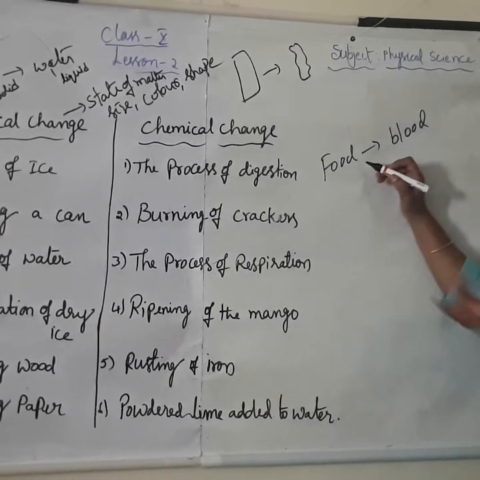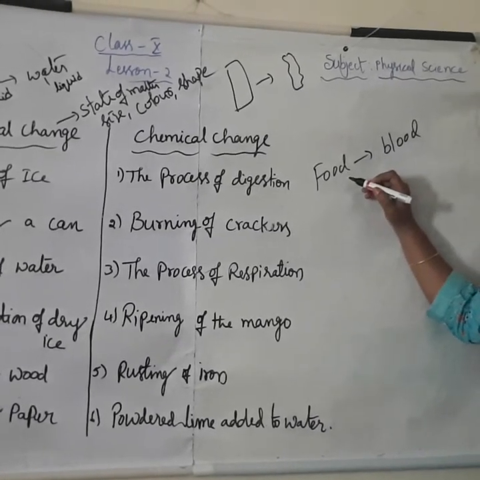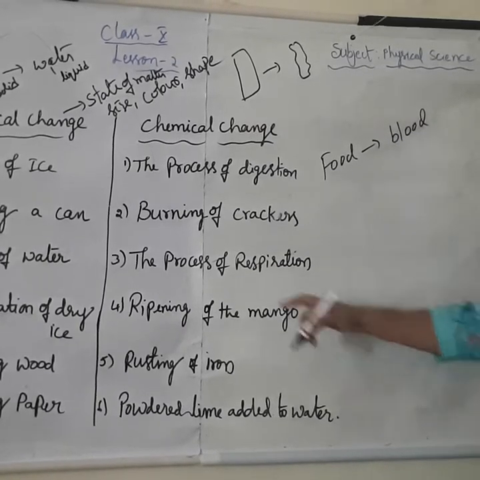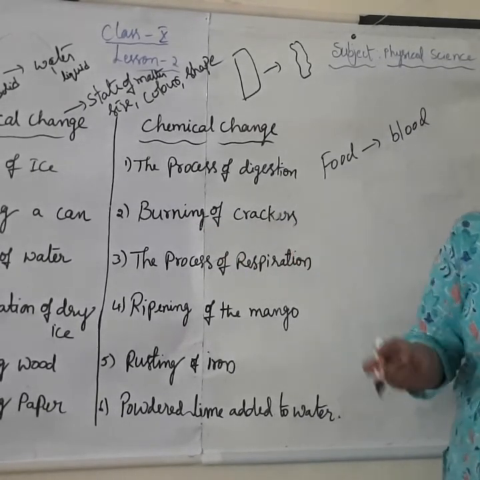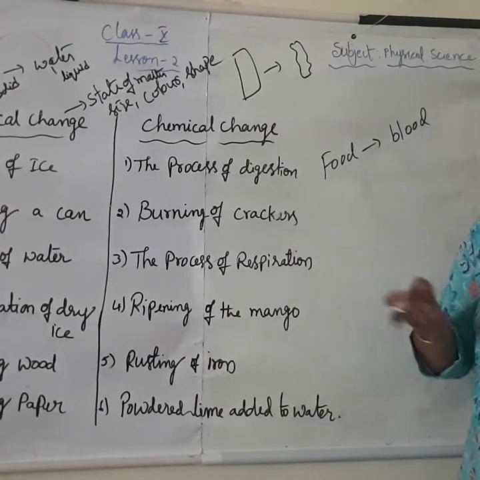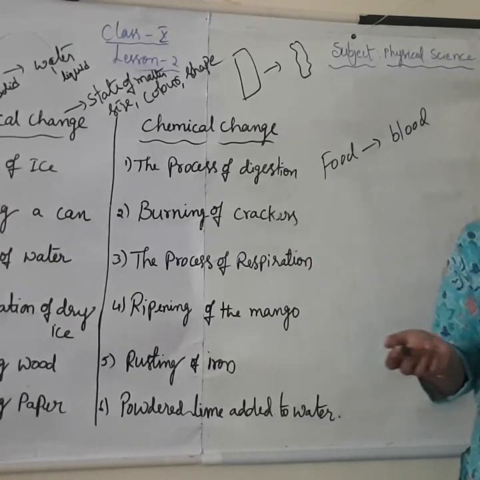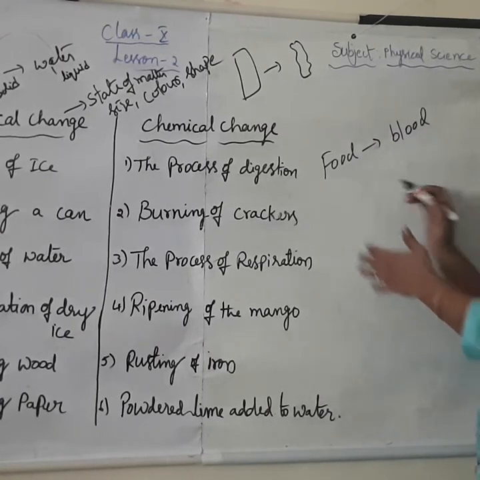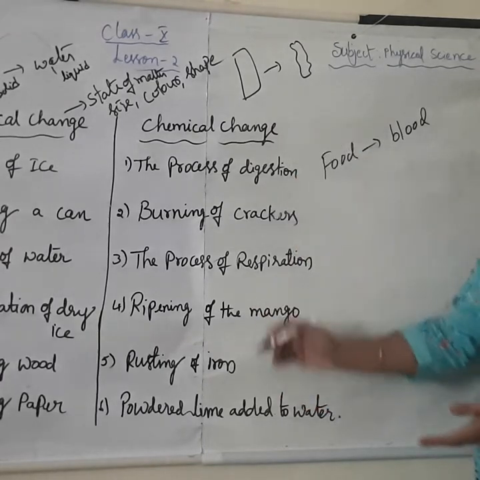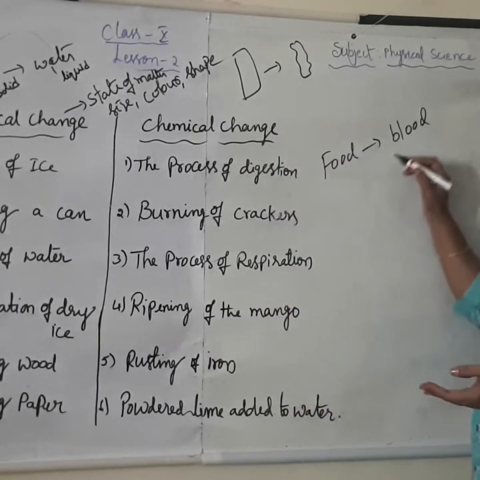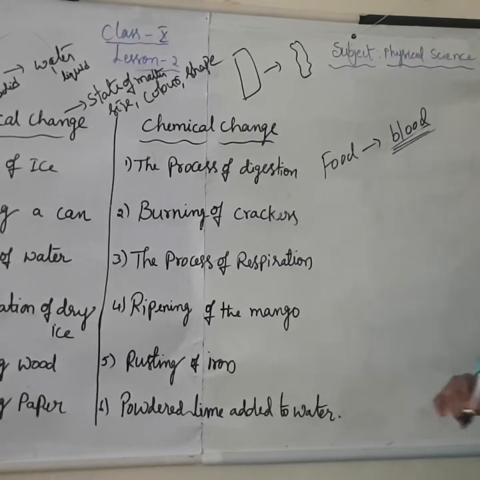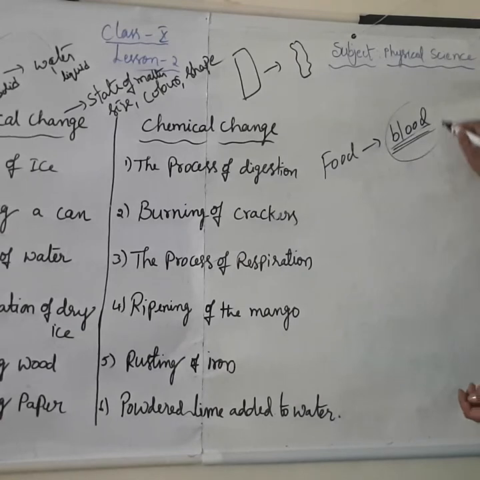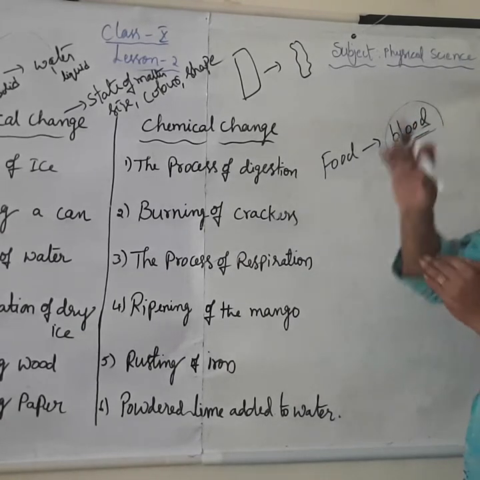Food, you can take in solid, liquid or any state, but you will get it in a different state. Next, burning of crackers. When you burn crackers, gases are evolved and smoke is evolving. So from all these examples of chemical change, new substances are always forming. Whatever you get after the reaction, you cannot make it back into the original.